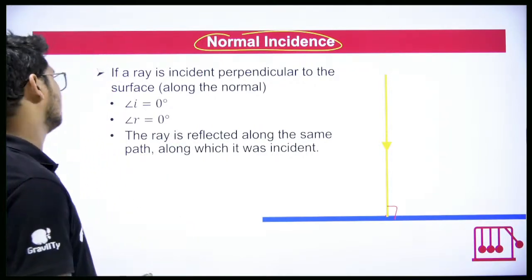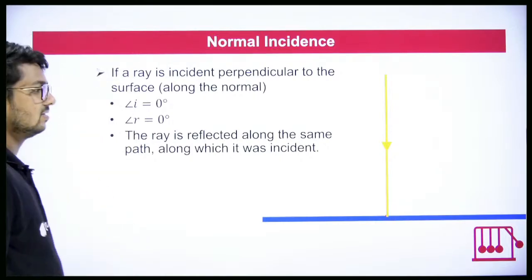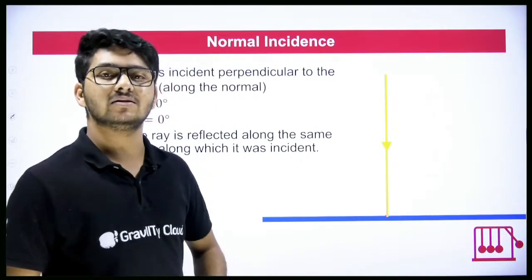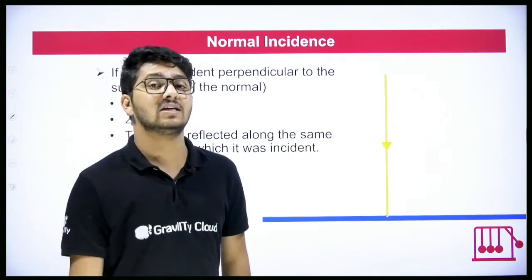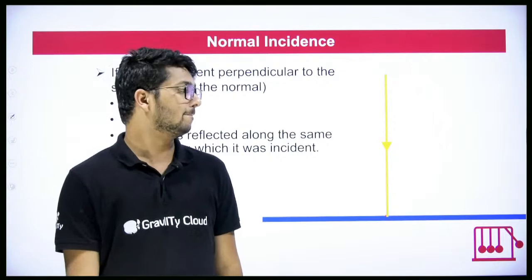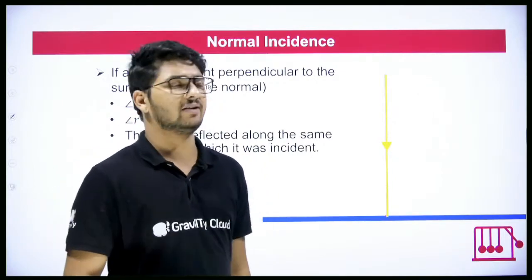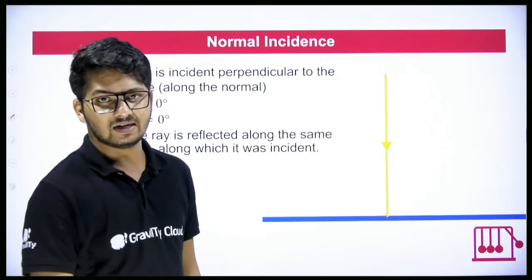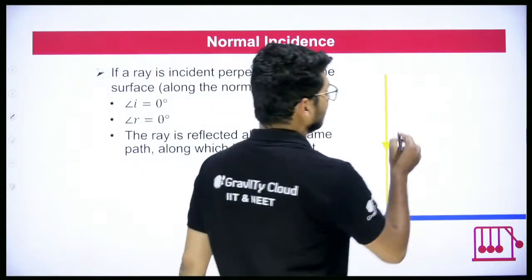And here, the interesting point is, or let me ask you this. What is the angle of incidence? Can you tell what is the angle of incidence in this case? Try doing it. Okay, obviously the information is on the screen. But still, what is the angle of incidence? It is 0 degrees. Why is that?